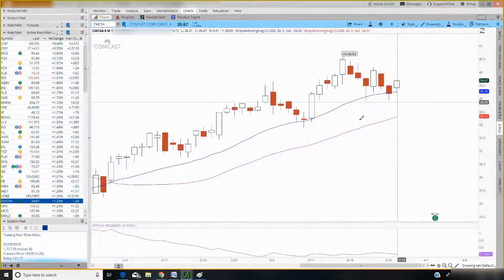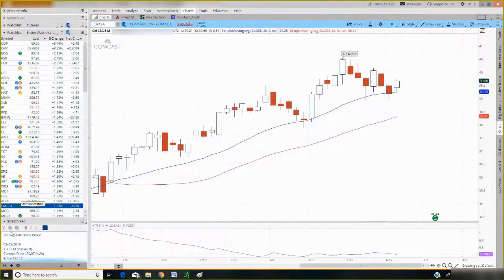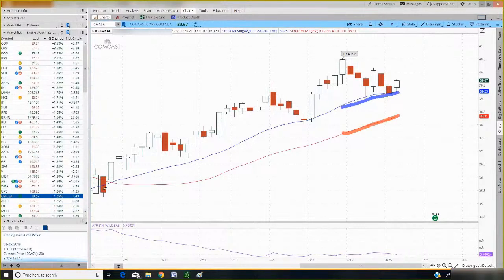Yes, they're both pointing up. So I don't know if I was very clear on that, but both of these are pointing up. I don't know if I actually said it that clean before, but both of them are pointed up, the blue and the red.